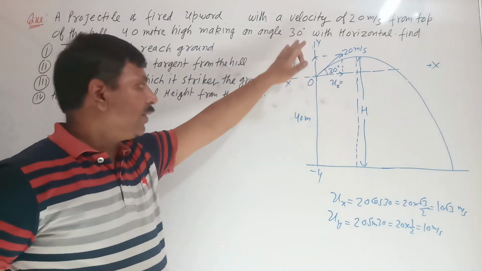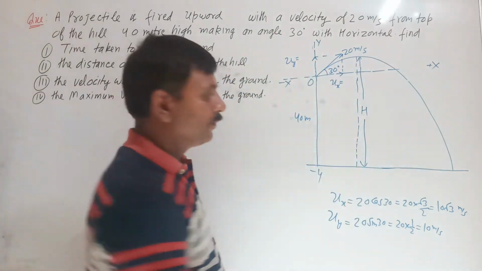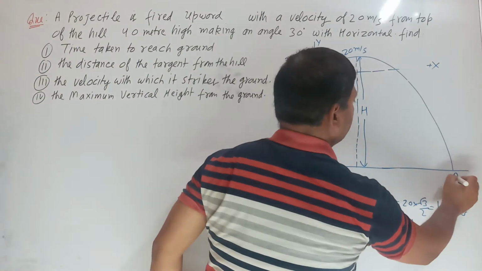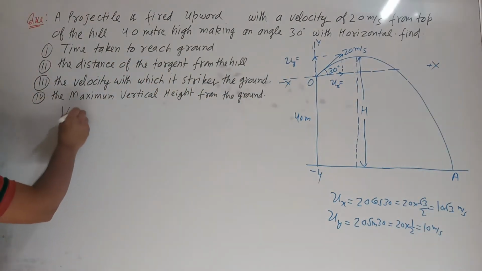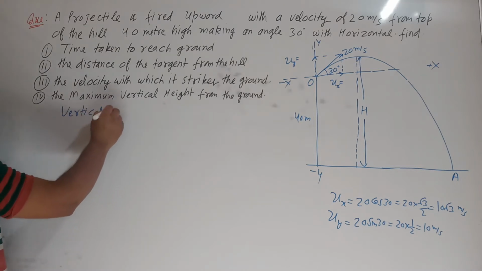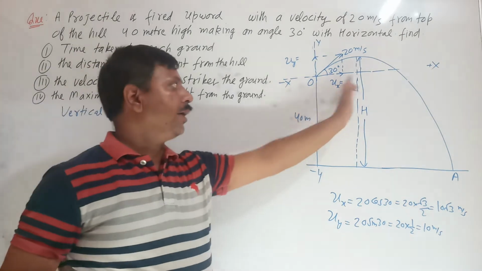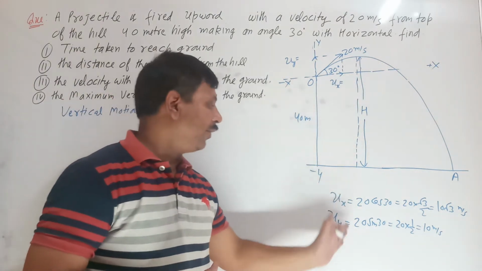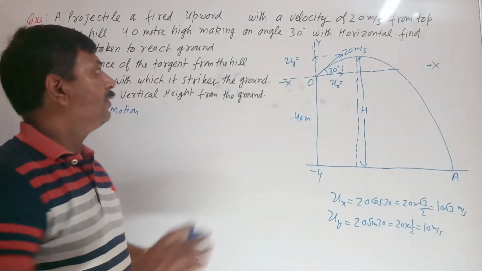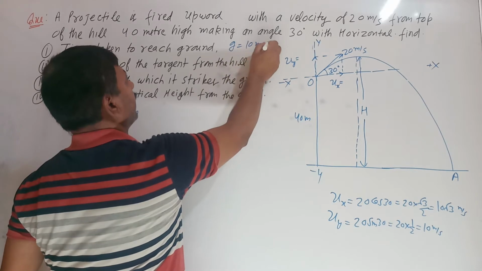Vertical motion, O to ground. Suppose this will be A. If we see horizontal motion and vertical motion, g they have given as 10 meter per second square.